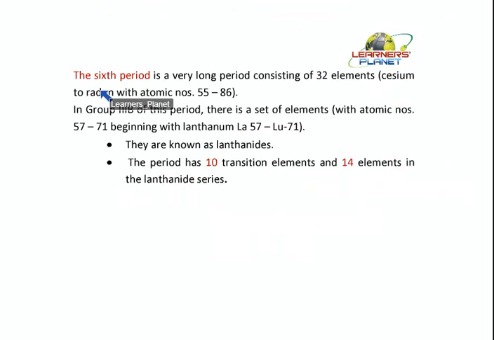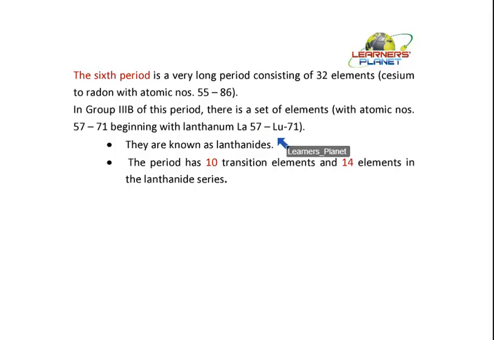Now the sixth period is a very long period consisting of 32 elements, and it starts with cesium, ends at radon with the atomic numbers 55 to 86. Now students, in the group 3b of this period there is a set of elements with atomic numbers 57 to 71. There is another 14 elements called lanthanides, between lanthanum to lutetium.